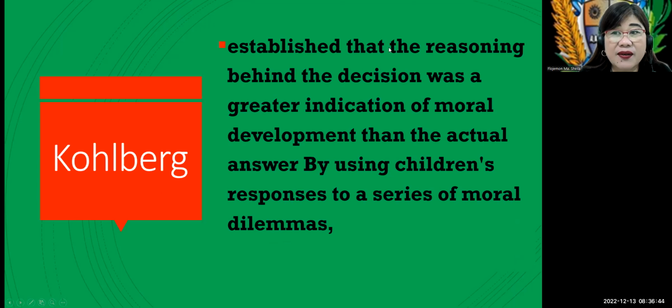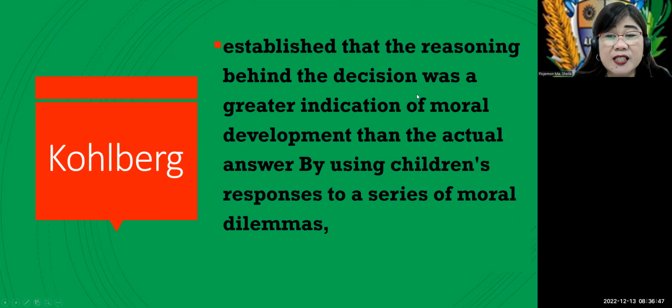Now, this theory established that the reasoning behind the decision was a greater indication of moral development than the actual answer, by using children's responses to a series of moral dilemmas. So, in this discussion, Kohlberg uses this theory, which emphasizes how one decides to respond to a moral dilemma. Okay?